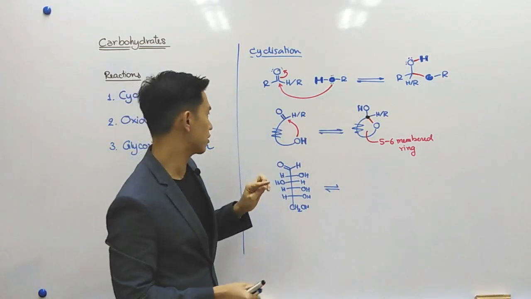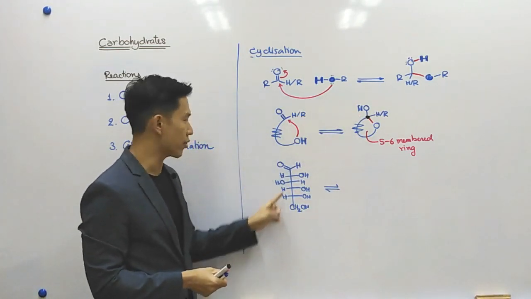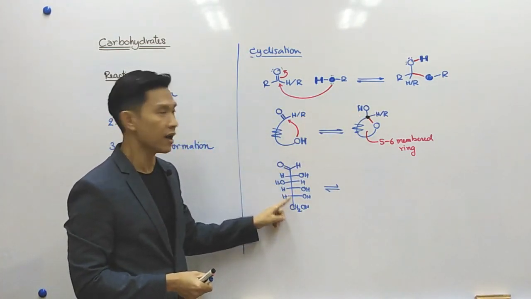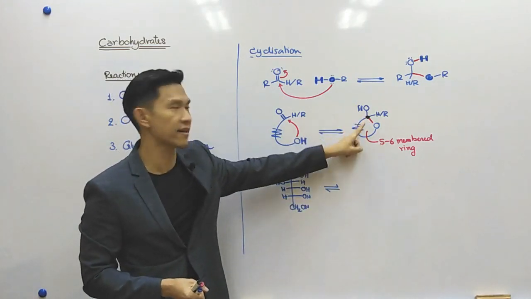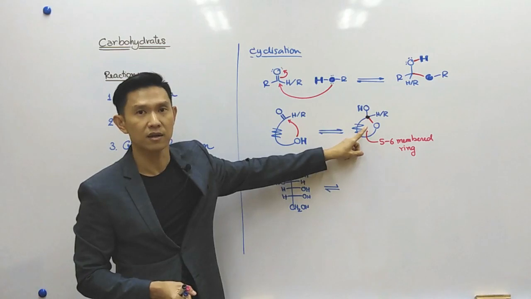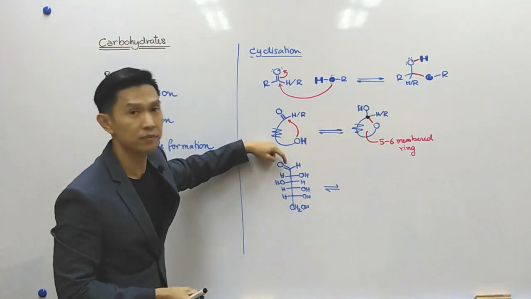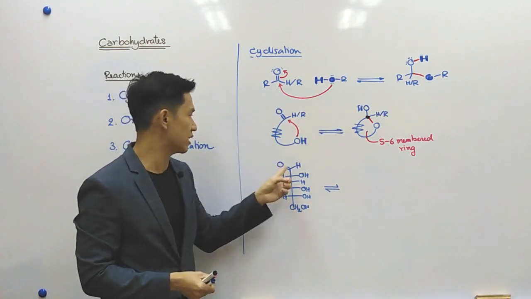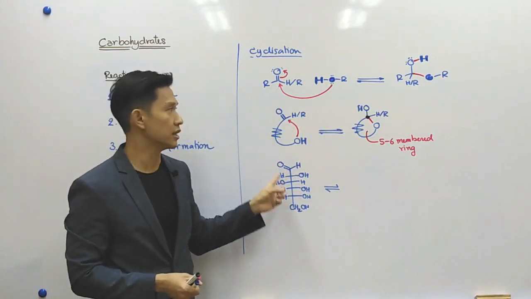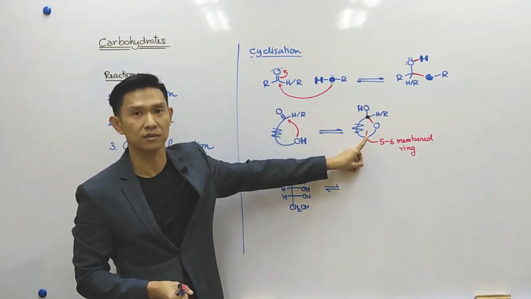So that means from an aldohexose with 4 chiral centers, after you lock it into a cyclic structure, you're creating another chiral center over here, because after you knock it down, you change this achiral carbonyl into a chiral carbon.